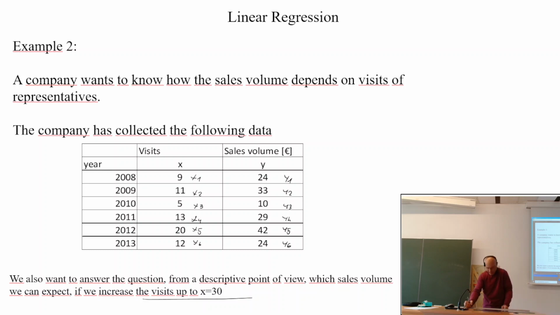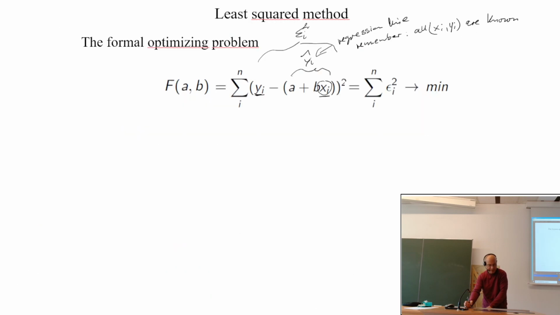This is all known, so these are not any variables. So what we have here is just a function depending on these two variables a and b. Well, and if we have a function depending on two variables, in order to minimize or in general to optimize such a function, what are we doing mathematically, any idea? Yep.